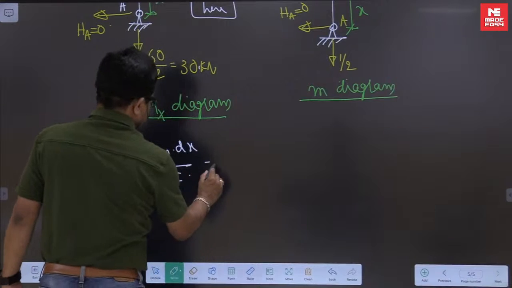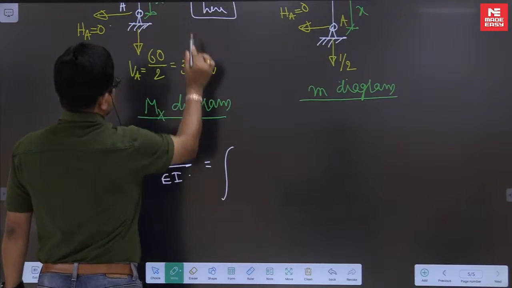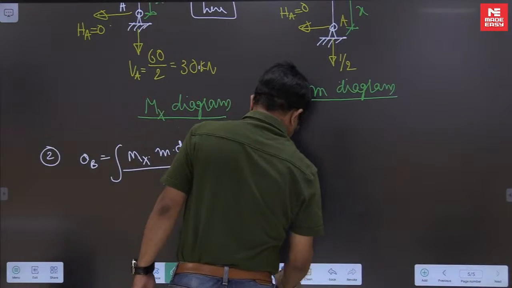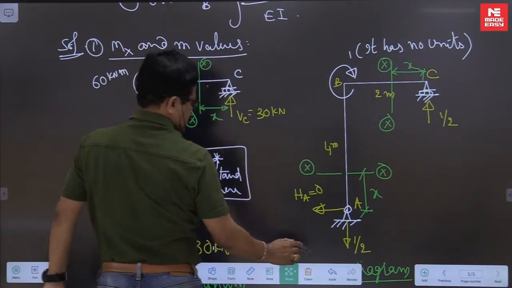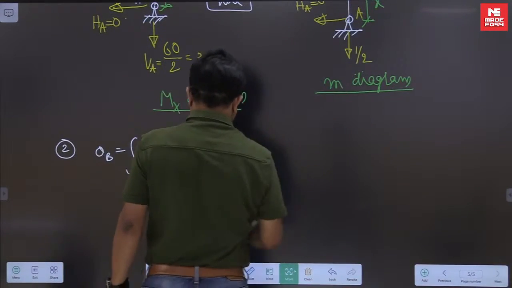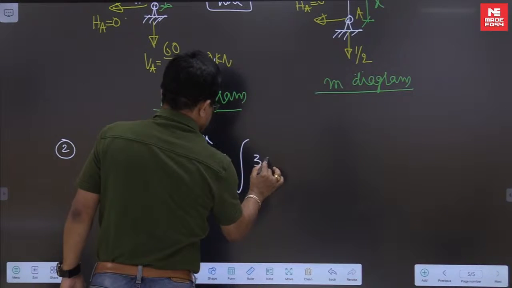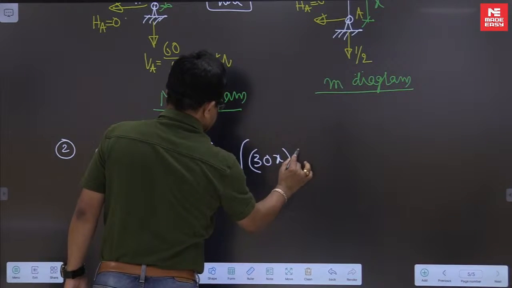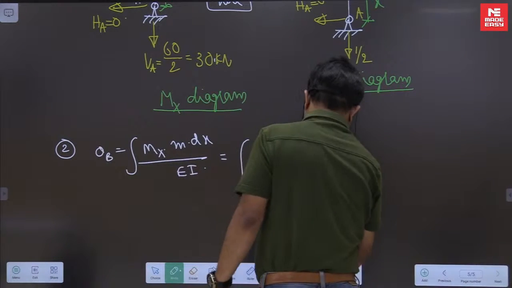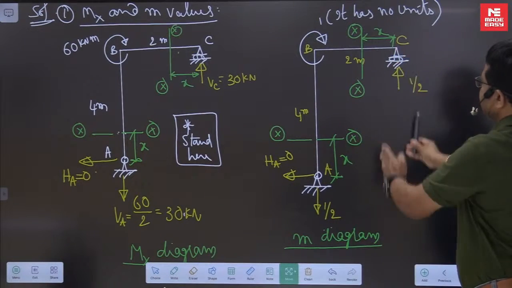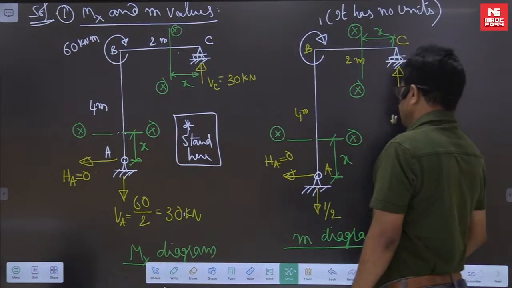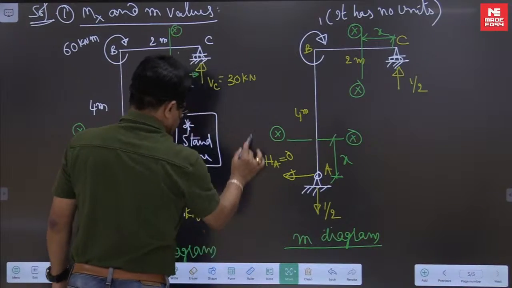Only one line. Integral of Mx, as we have taken, only one member you have to take. 30 into x. Mx into m. m is what? Stand here, look right side. Half into x. Upward forces will give positive moment.